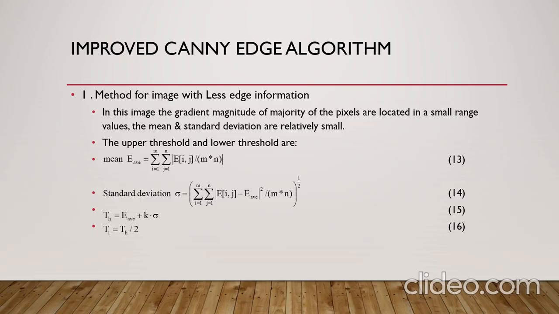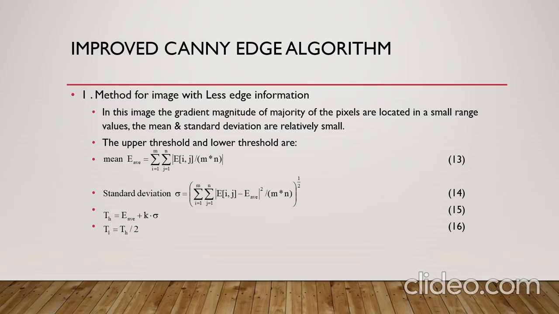The higher threshold value is the average value of the whole image plus k times the standard deviation of the whole image, and the lower threshold value is equal to the higher threshold value divided by 2. With these two thresholds we are able to detect and connect the edges.